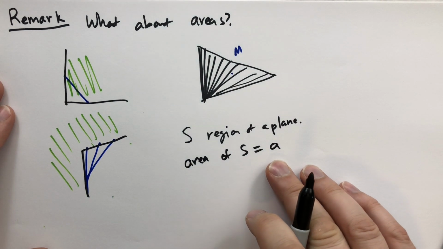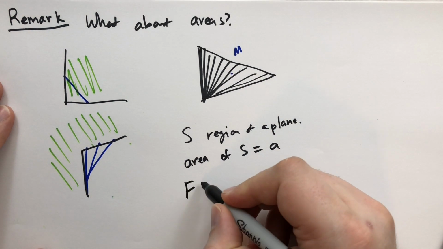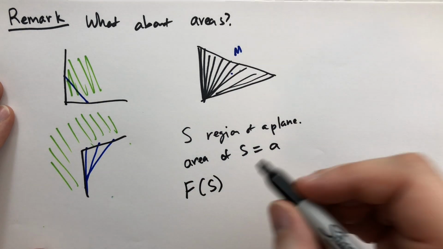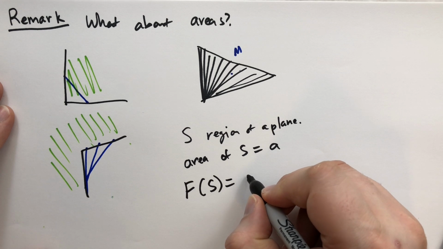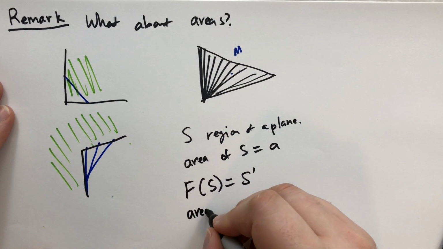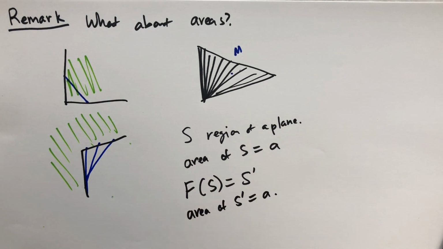We're just making things up right now. The area of S is equal to A. So if we take some isometry and apply that to S, and then we get some congruent shape that's S prime, then we're going to say the area of S prime is also equal to A, that the area is equal when we preserve distance through these isometries.